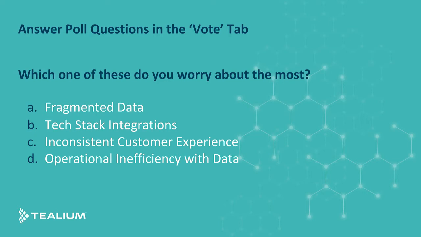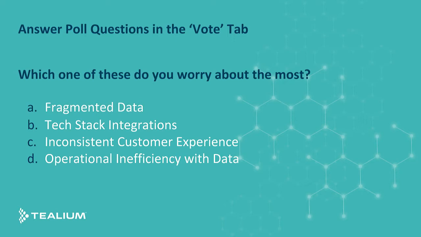What we have here is fragmented data, so data being across a whole bunch of different systems. Tech stack integrations is a similar concern in that every tool you're using to engage your customers tends to have its own view of the customer and its own person or team managing it. That can be a big problem at organizations.